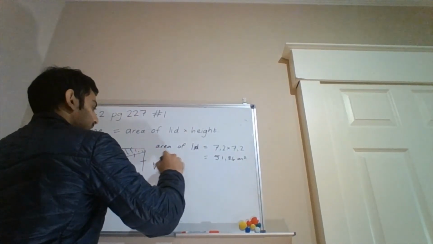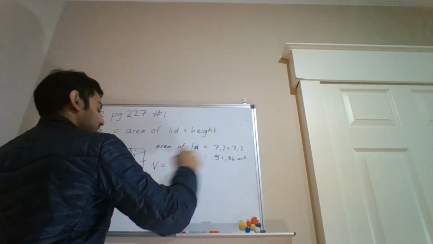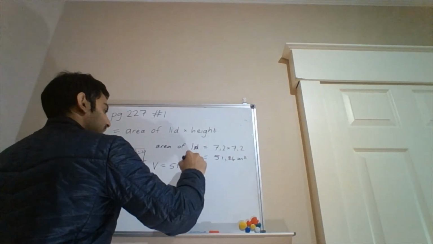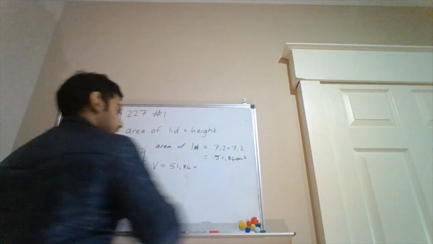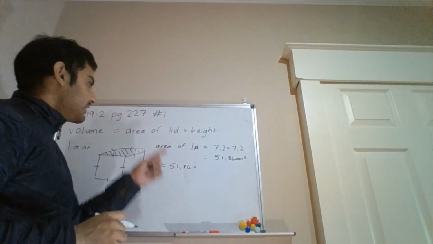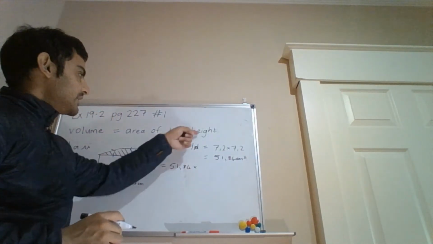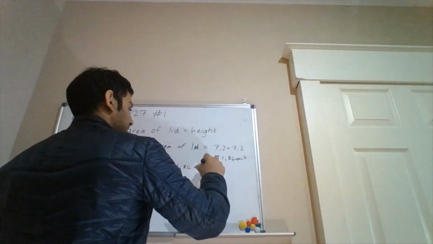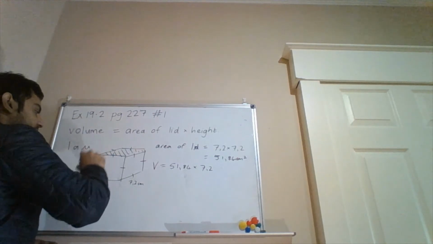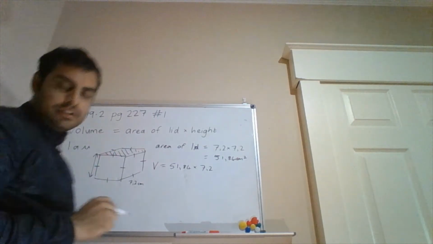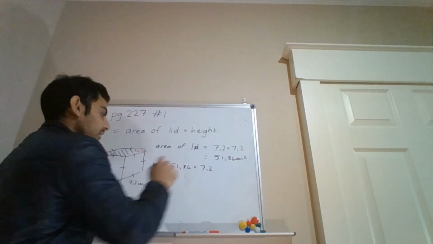So our volume is now the area of the lid, which is this, 51.84. Sorry, it's not meters squared, it's centimeters squared. And we're going to take the area of the lid and times it by the height. So we times this by 7.2. Our height, because all these sides are equal, is also going to be 7.2.